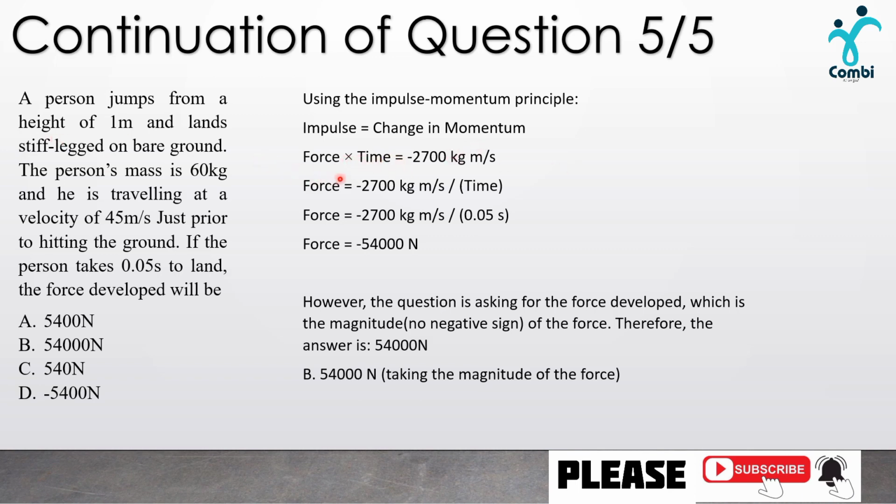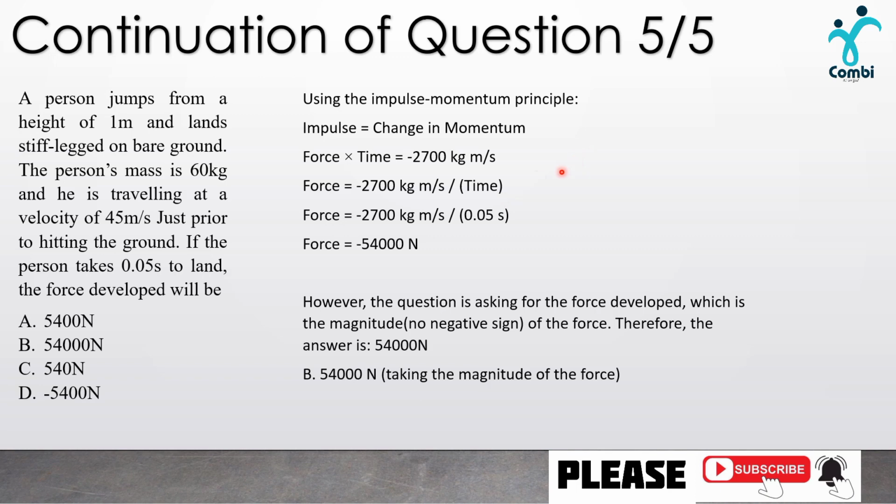Dividing here by time, the time cancels. Dividing the negative 2,700 by time, we just have 2,700 over time. That's what has been done here. We just say you send the time the other way, which is a way to skip some explanations.